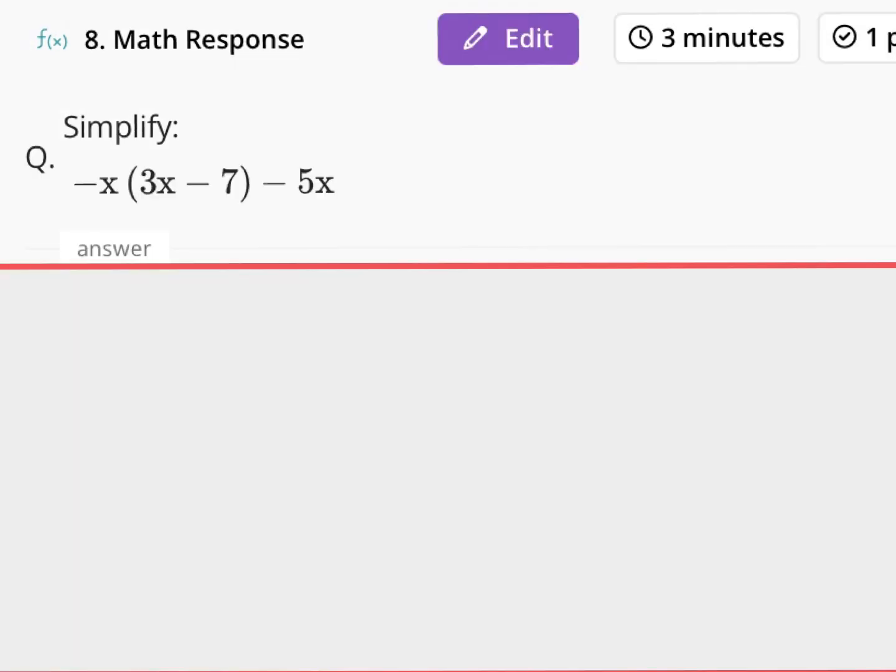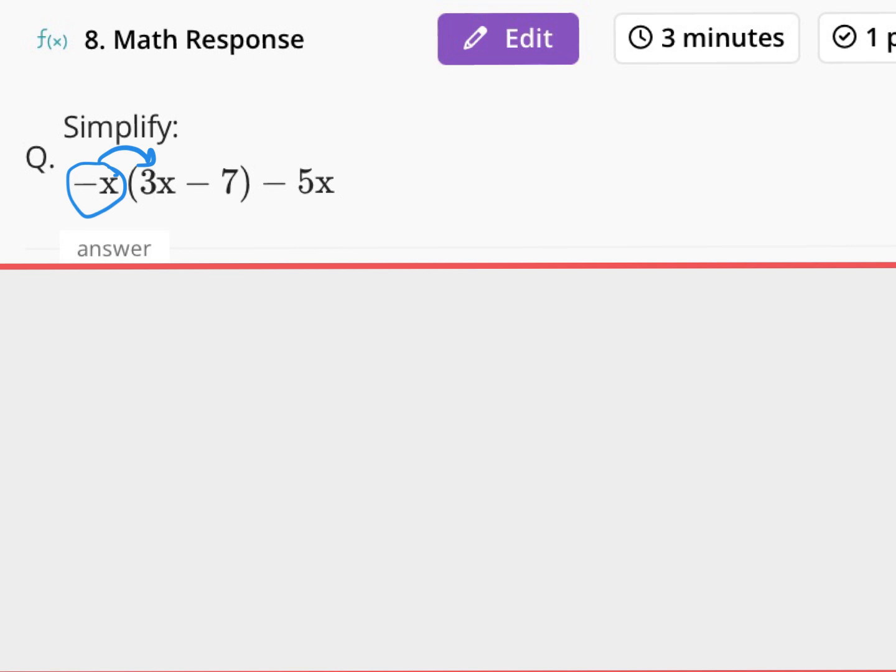It gets a little bit more fun on this one. There is some distributive property, and there's also combining like terms. We're going to distribute first. We have a negative x that we're going to multiply by 3x. So that's really like saying negative 1x times 3x. So the negative 1 times 3 is negative 3.